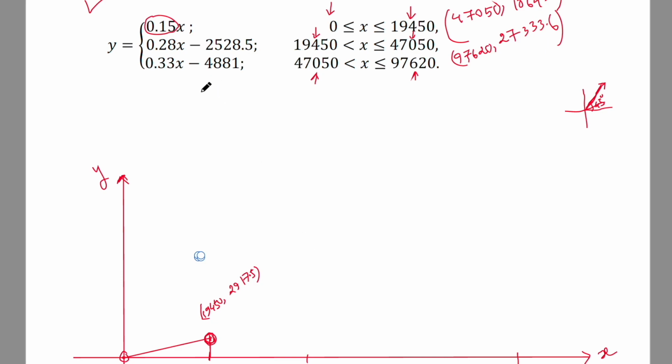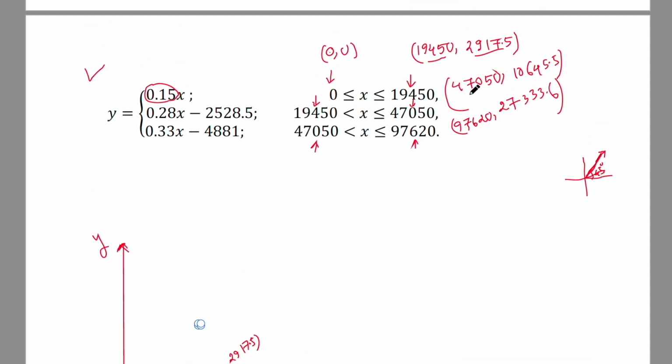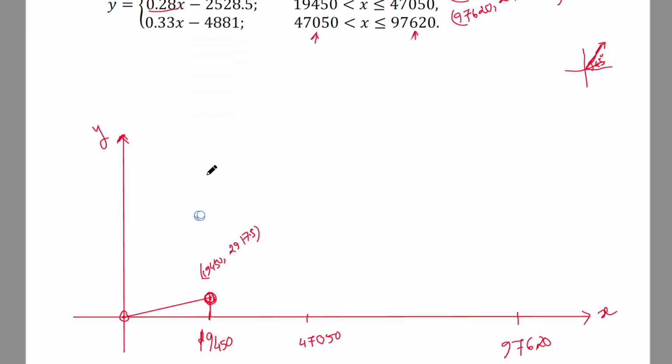The second line will start from this point but end at this point, and we have this data in our hand. In this case you also need to consider the slope of the second line, which is 0.28, so the second line will be a bit steeper than the first line.